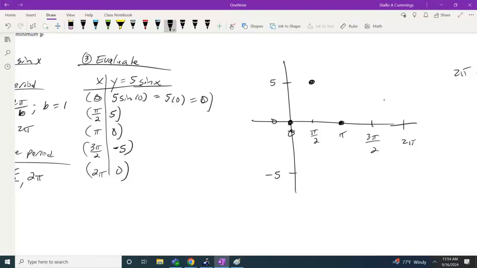Then 3 pi over 2, negative 5. And then one complete rotation at 2 pi, 0. All right. So this is y is equal to 5 times the sine of x.